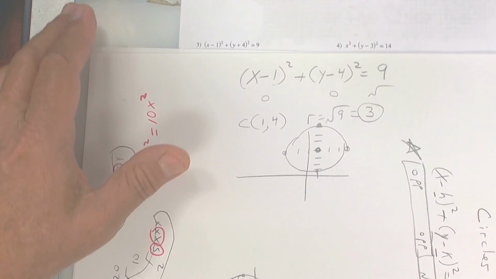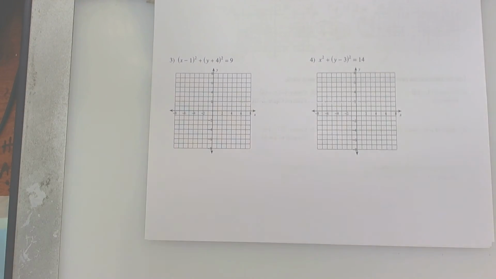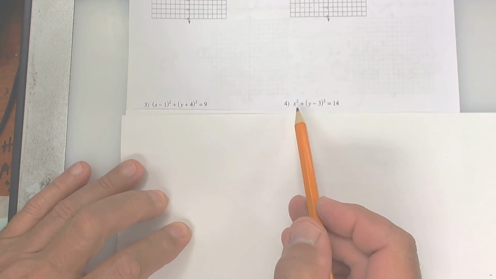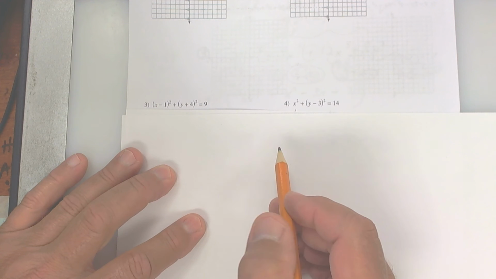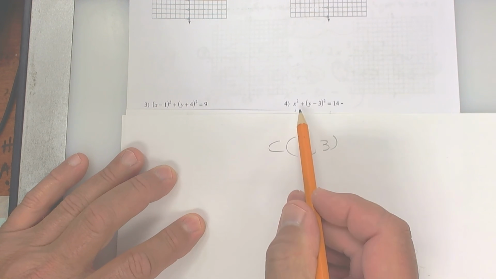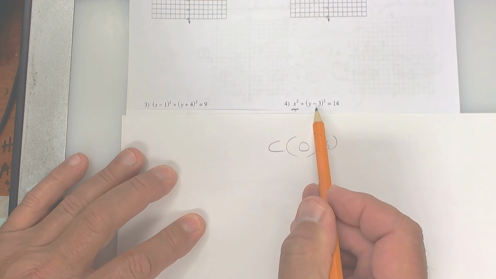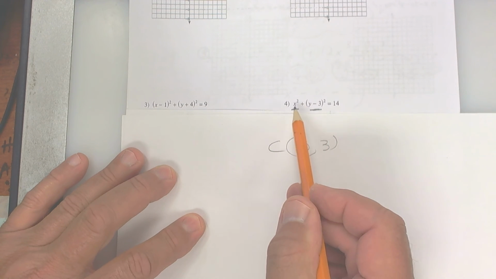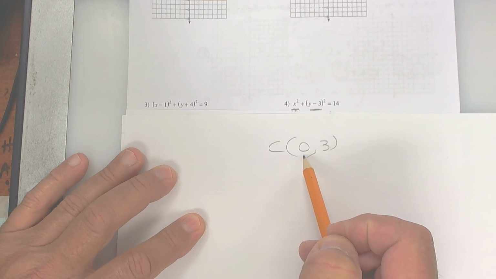Those are pretty easy. Okay, take a look at this one. This one doesn't have the x expanded, so the 0. So the center is 0 and then 3. Okay? It's not expanded out. See how that's bigger, expanded? So if it's not expanded, it's a 0.